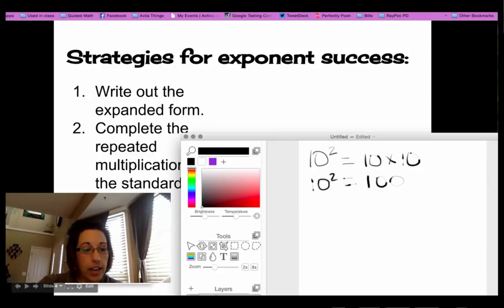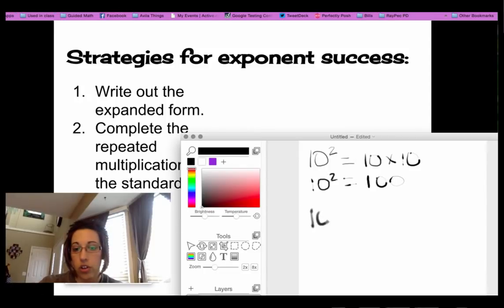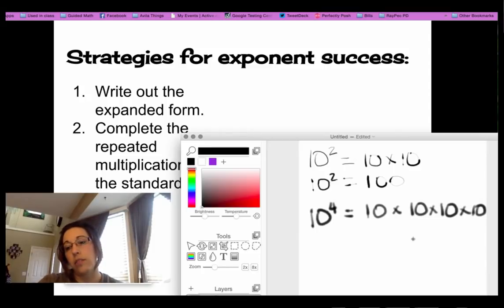So let's look again at our next one here. 10 to the 4th power. So again, we're going to write it out in expanded form. 10 times 10 times 10 times 10.